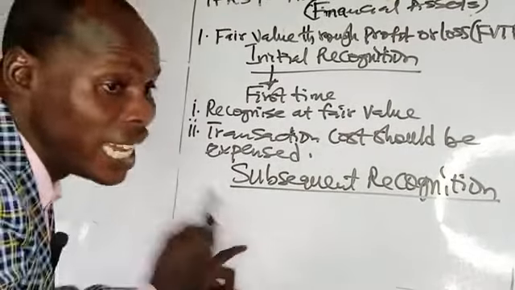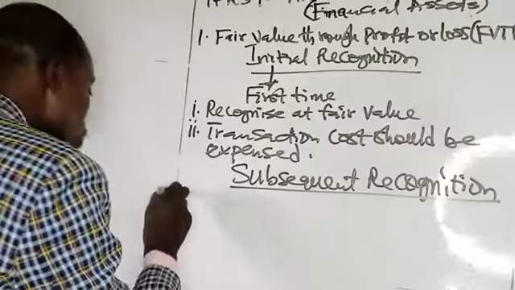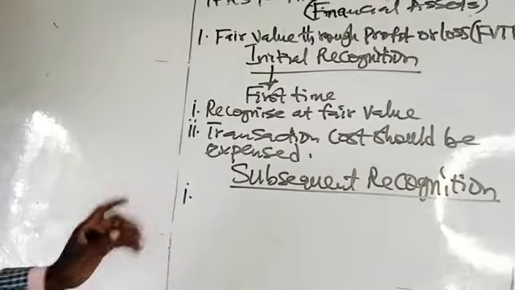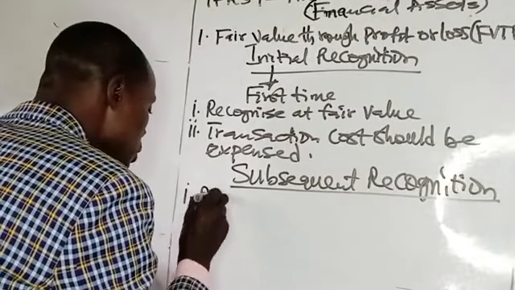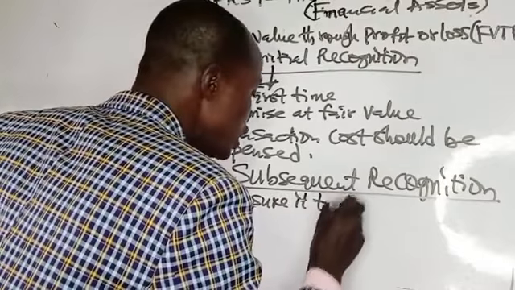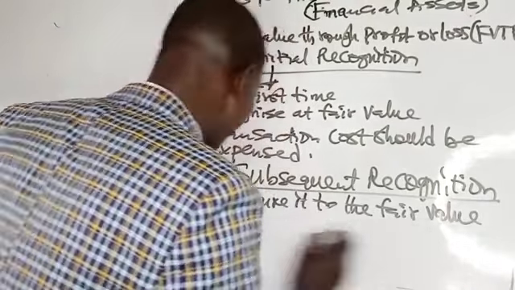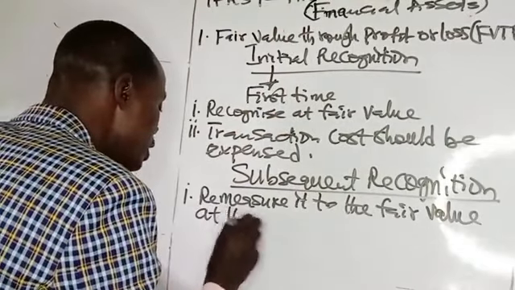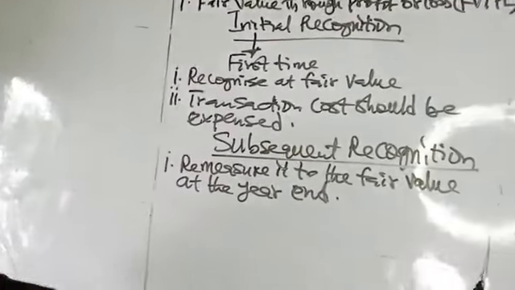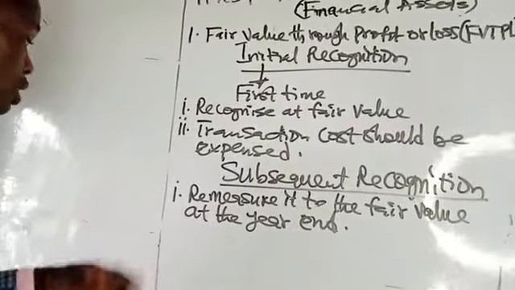Number one, you should remeasure it to the fair value at the year end. Remeasure that financial asset to the fair value of that financial asset at the end of the year.